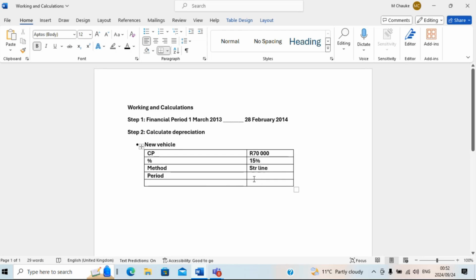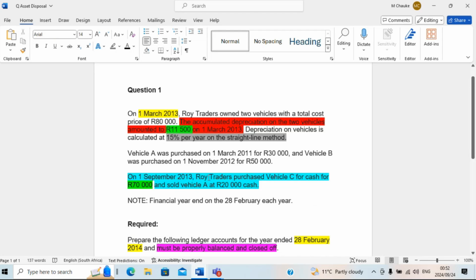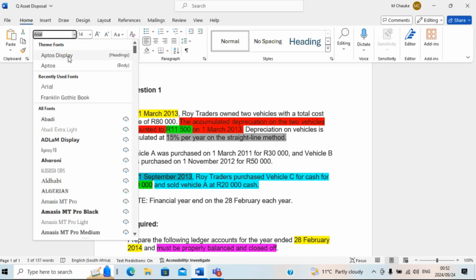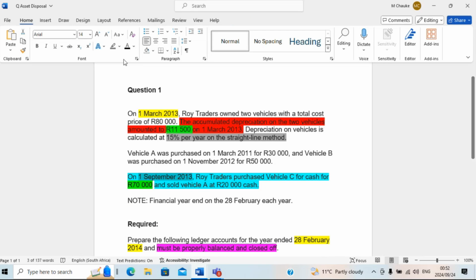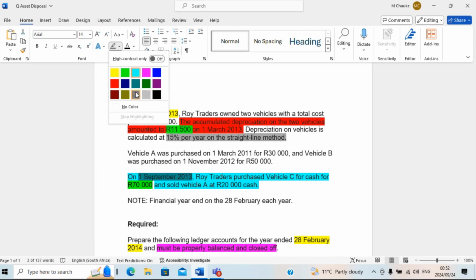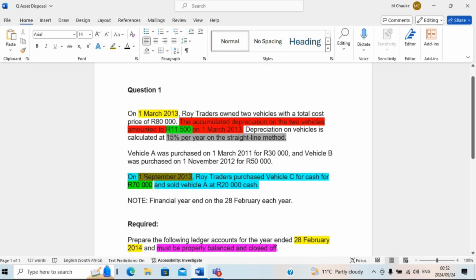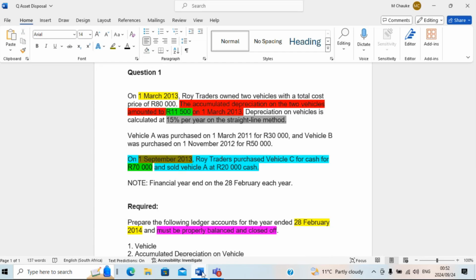And then for the period, we have to check when this was purchased. Let's go and check in the question. So this vehicle was purchased on the 1st of September 2013.